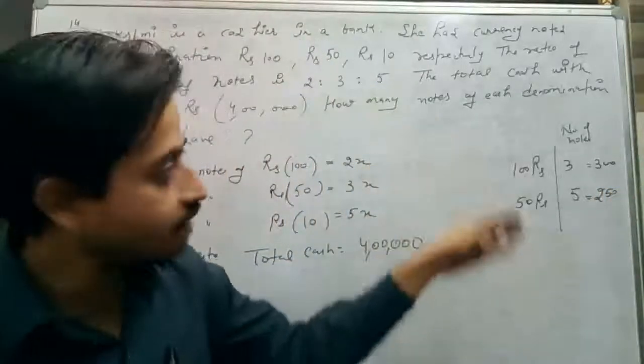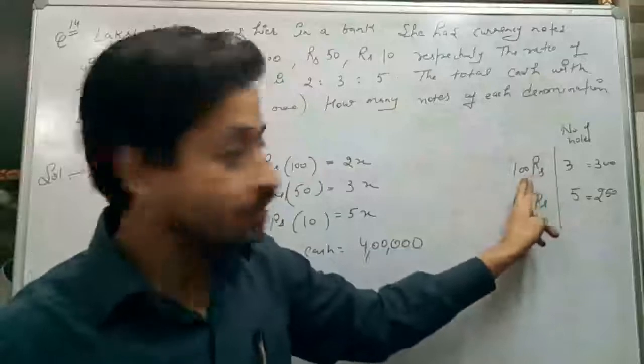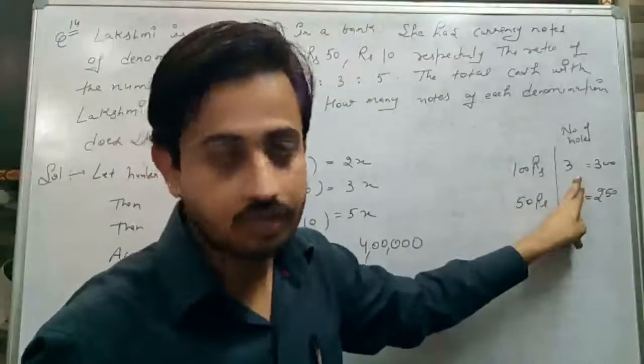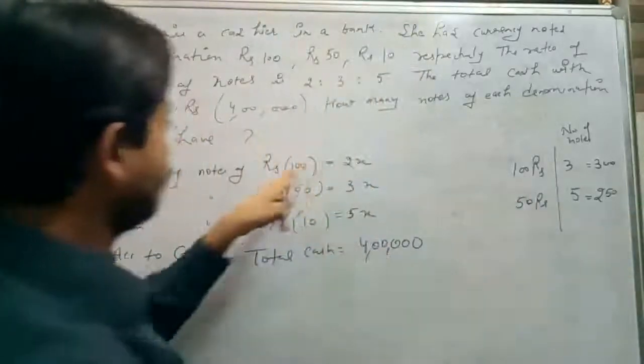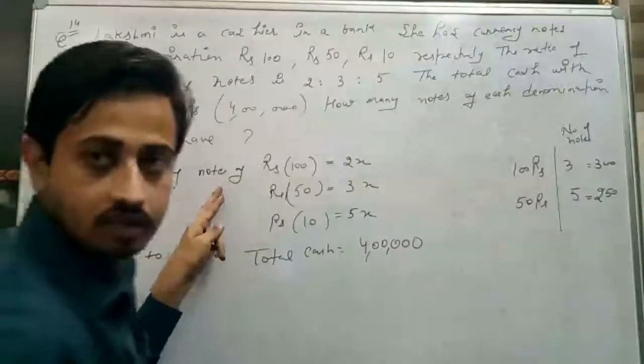So the same way we have to add, because 100 is multiplied with the number of notes of 100 rupees and 50 is multiplied by the number of notes of 50 rupees.